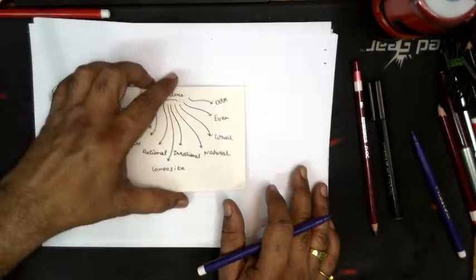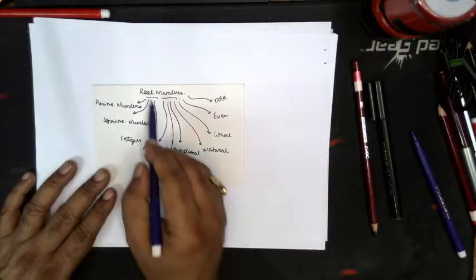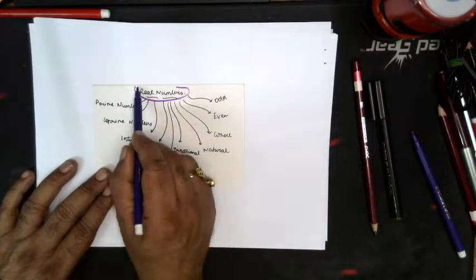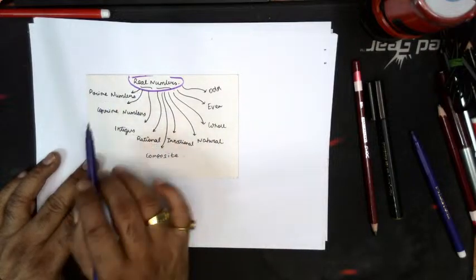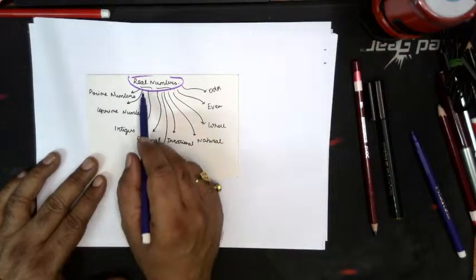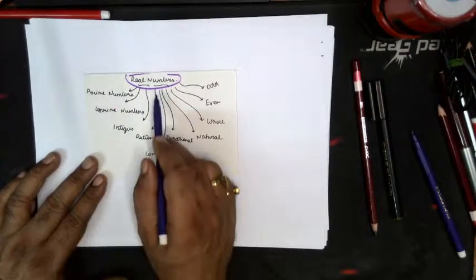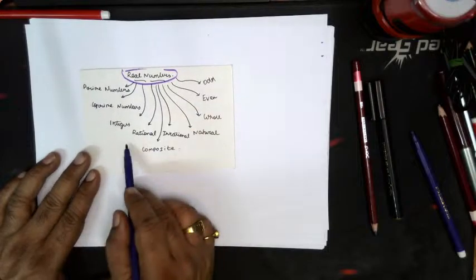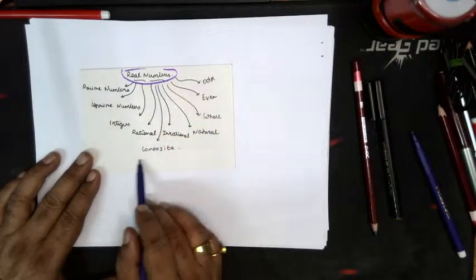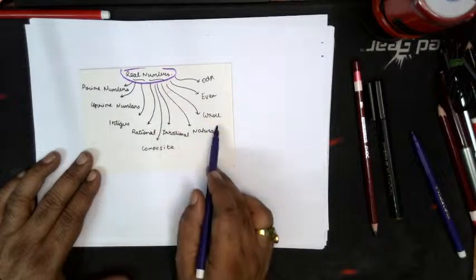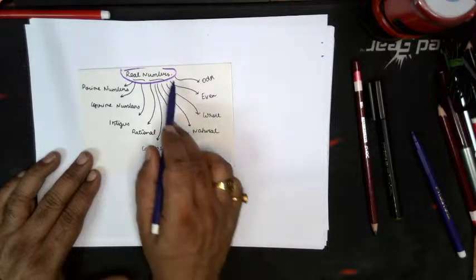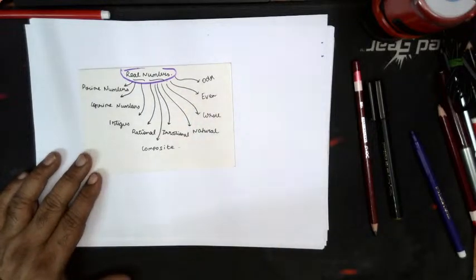The real numbers can be represented in various ways. Real numbers may be prime numbers, co-prime numbers, integers, rational, irrational, composite, natural, whole number, even number, odd number. Okay, take down.